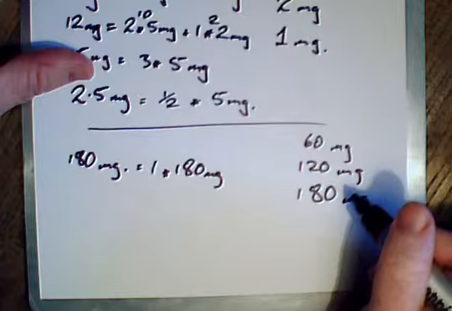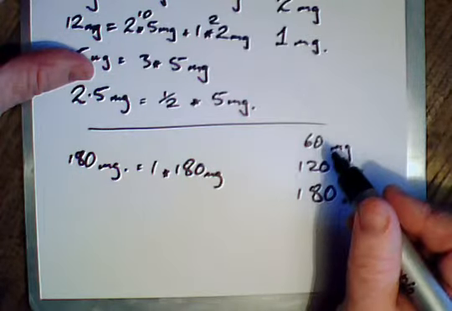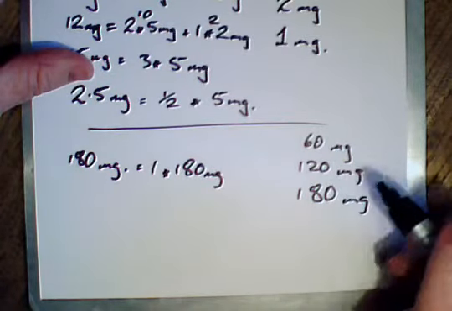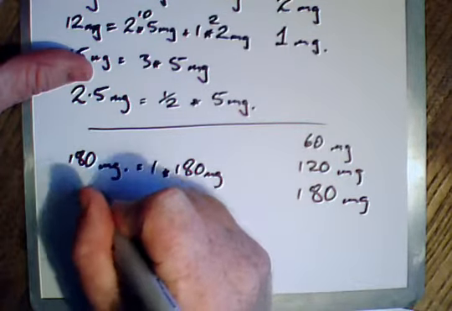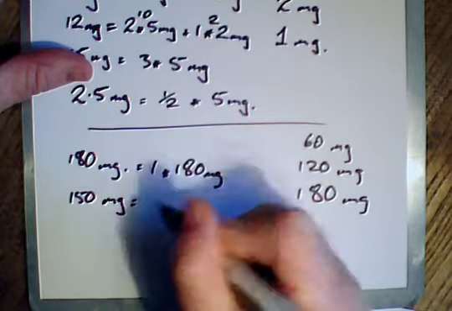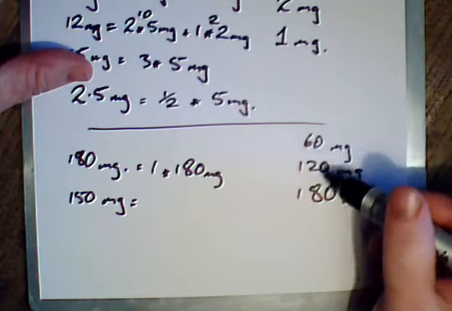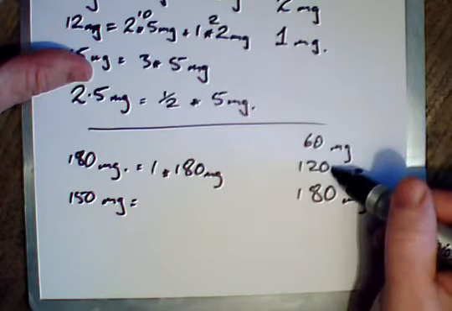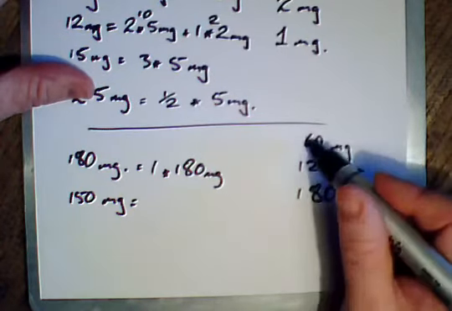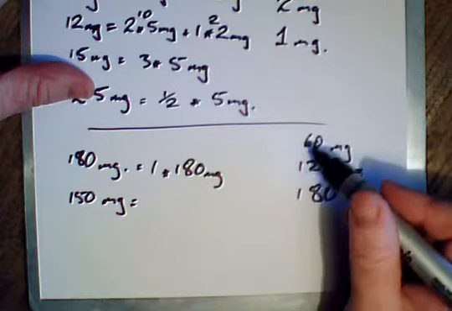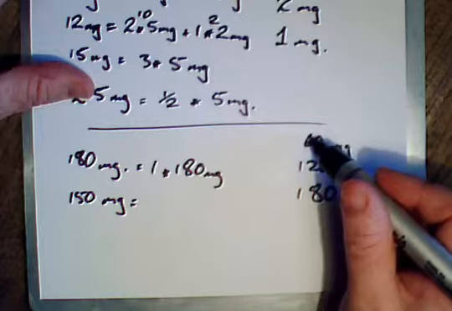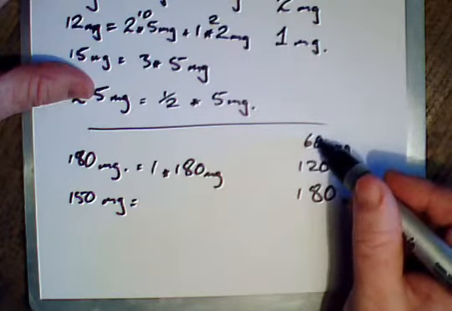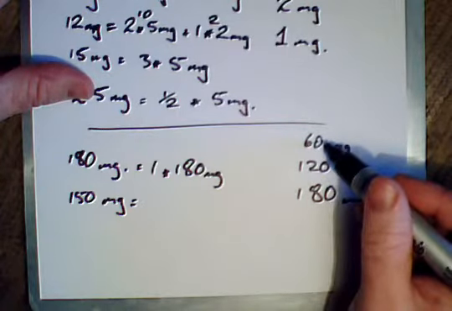Okay, if we were told to give a dosage, let's say 150 milligrams, okay? So we've got to look at what's going to work. Well, 120 works, 60 works. Doing it in divisions of 60, well, if you do two 60s, it's 120 anyway. To get it to 150, you'd have to break that in half, so you'd end up with 2.5 tablets of that.